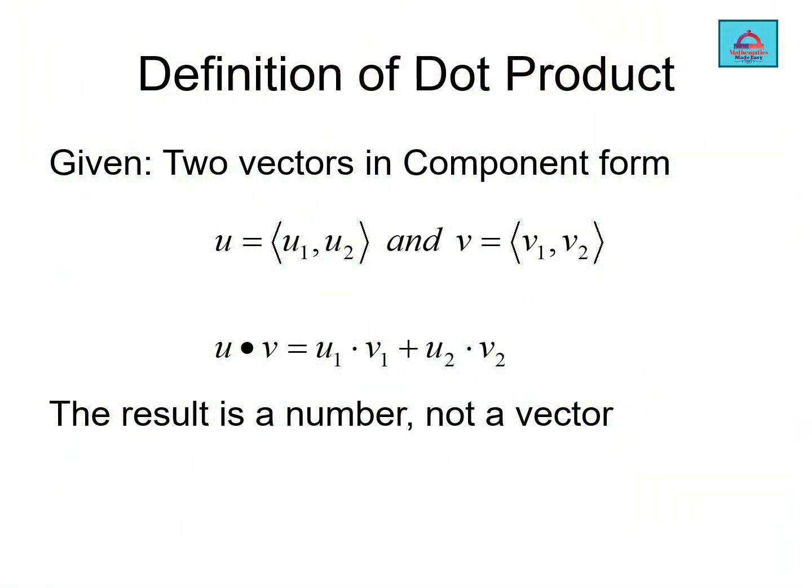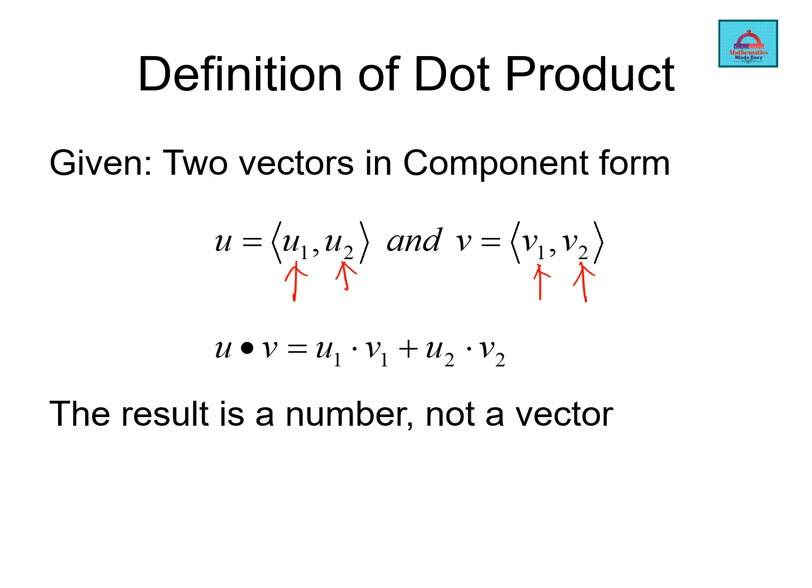If you are given two vectors u and v, with the first vector u having the components u1, u2, that is the x component. As you all know, the first component represents x, the second component represents y. So this is the horizontal component, this is the vertical component. Similarly, in vector form, the second vector v has v1 as the x component, v2 as the y component.